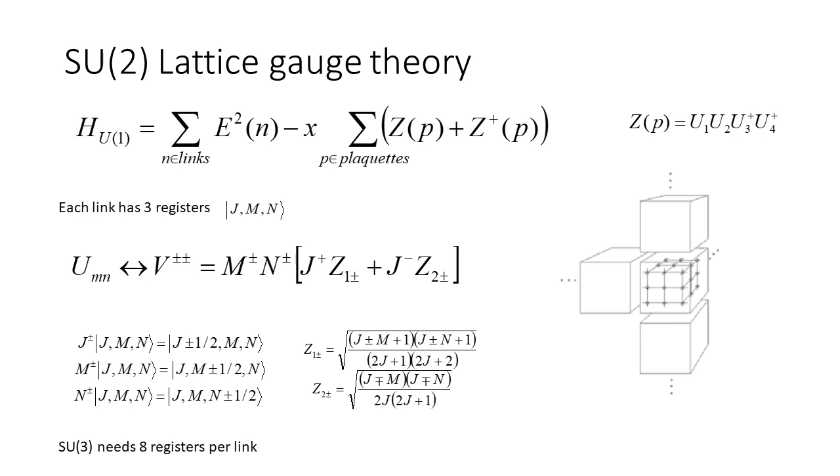Again, this Z is some product of 4 U's, where each U raises or lowers some registers. And for quantum chromodynamics, you actually need 8 registers per link. It sounds like a lot, but that's what you need for a complicated theory such as quantum chromodynamics.